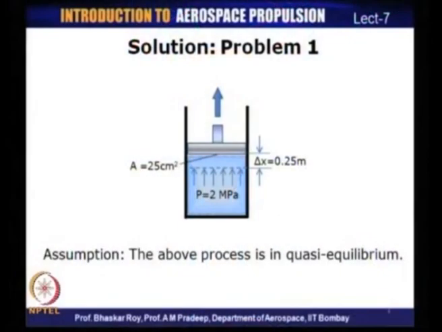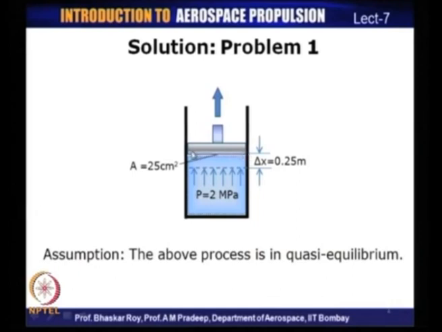Now, in this problem we have a piston cylinder arrangement as is shown in this diagram. In this piston and cylinder arrangement, we have a certain pressure which is within the system, within the cylinder volume, which is in this particular case given as 2 megapascals. So, there is a certain pressure which is exerted on the piston by the gas which is housed within the cylinder volume.